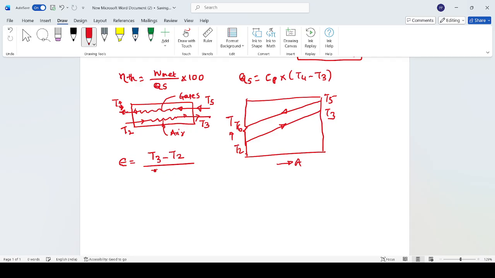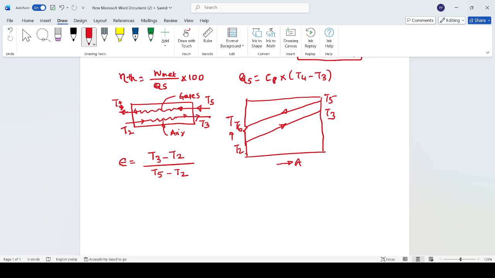The maximum temperature rise for the air will be T5 minus T2, since the maximum possible temperature of the air leaving the regenerator will be equal to T5, which is coming out of the regenerator and entering the combustion chamber.